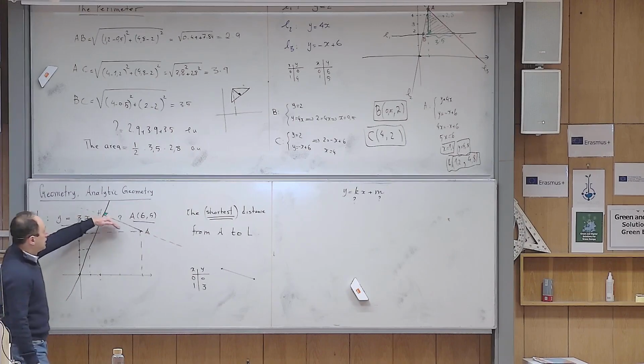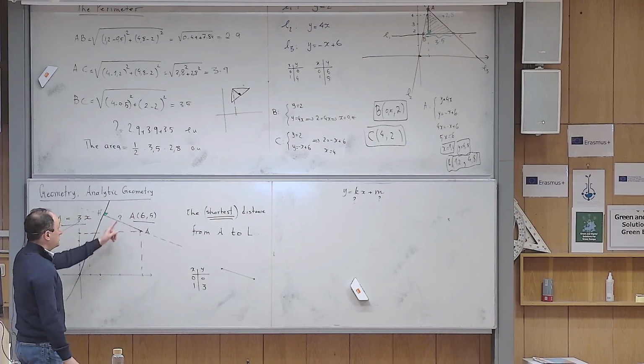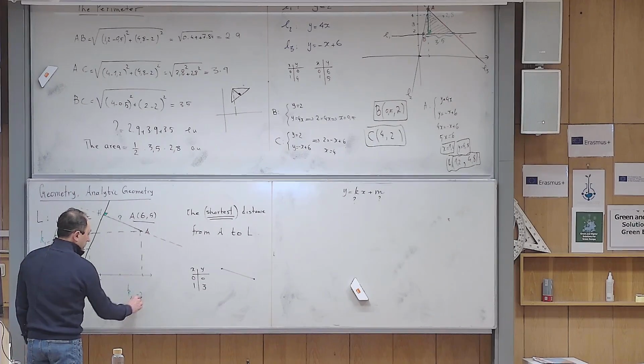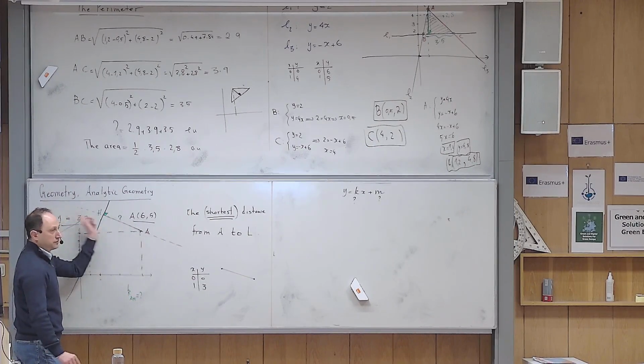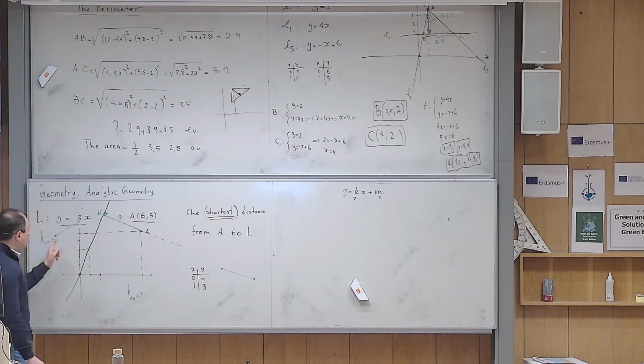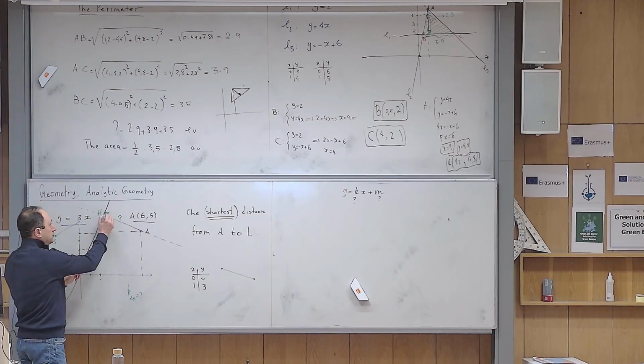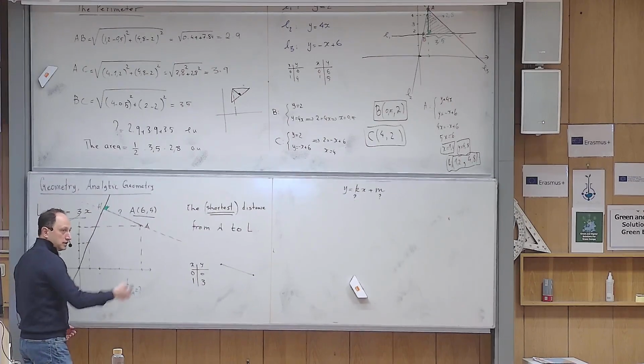But these two lines are perpendicular. So the slope of this line, k of AH, is not known to you. You need to find the slope of this line. The slope of this line is 3. The slope of this line is not known, but you know they are perpendicular. What did I remind you today in the beginning?